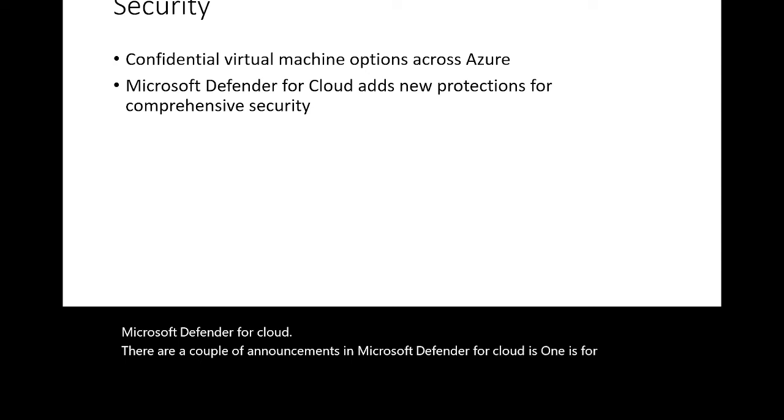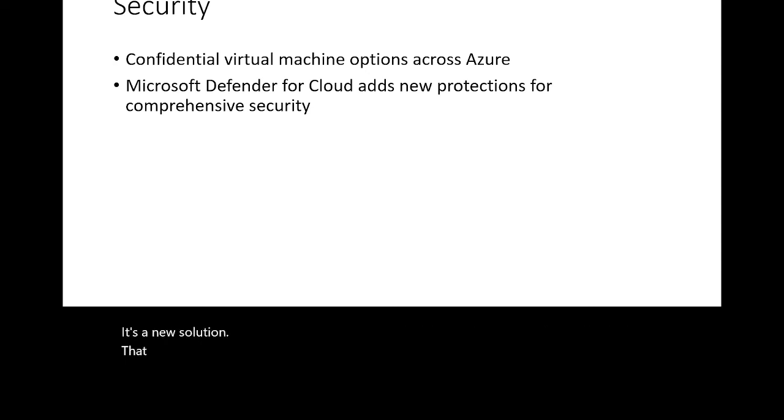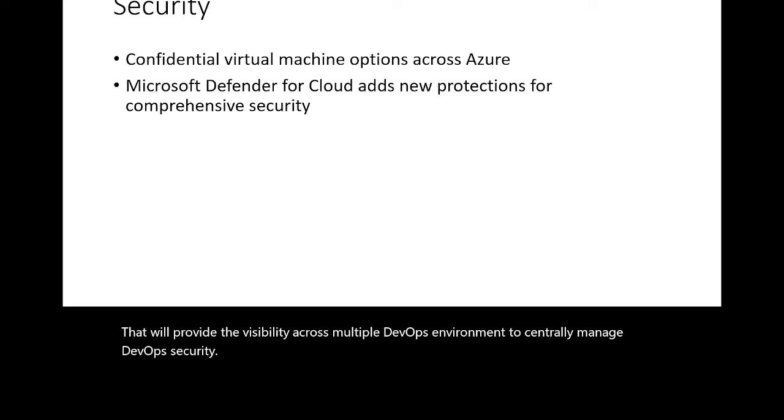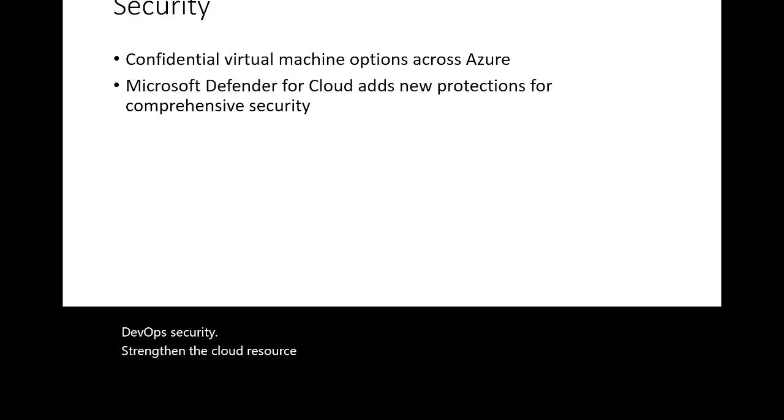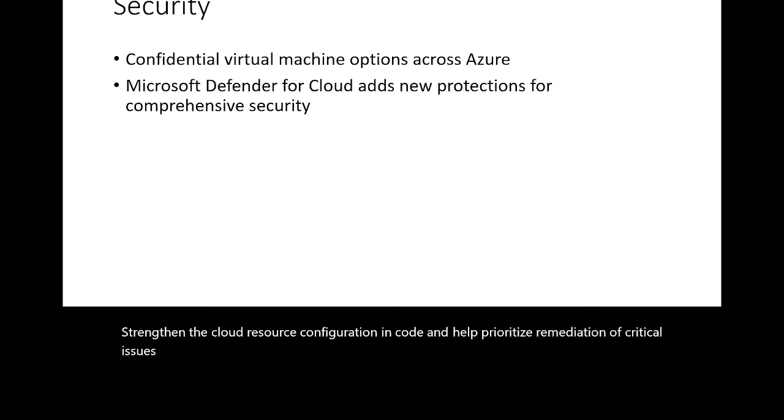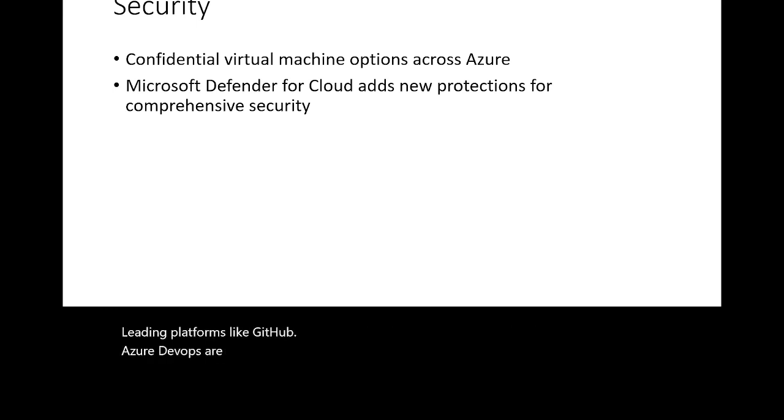It's a new solution that will provide visibility across multiple DevOps environments to centrally manage DevOps security, strengthen the cloud resource configuration in code, and help prioritize remediation of critical issues in code across multiple pipelines and multi-cloud environments. With this preview, leading platforms like GitHub and Azure DevOps are supported, and other major DevOps platforms will be supported shortly.